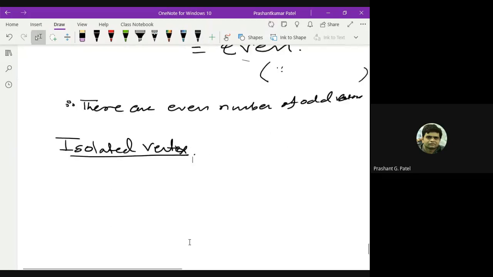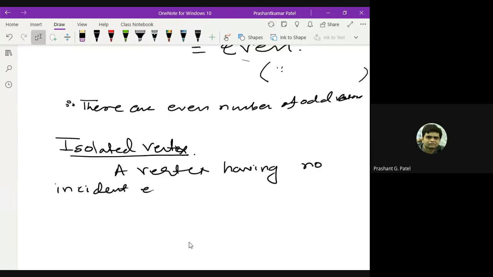A vertex having no incident edges is known as an isolated vertex.